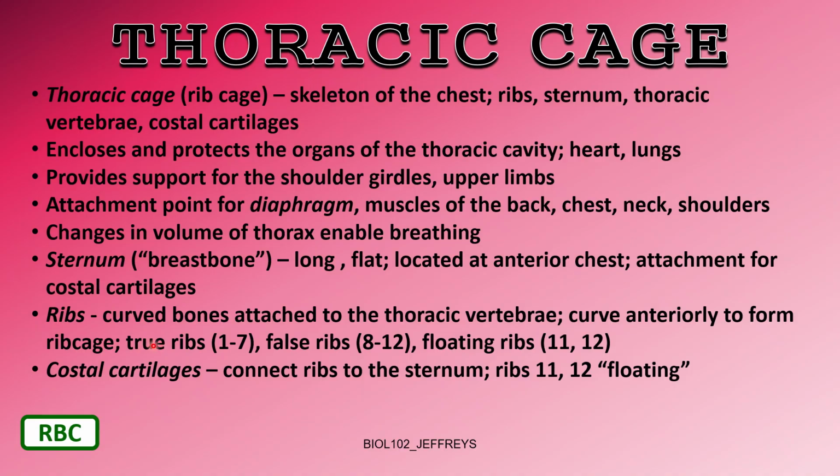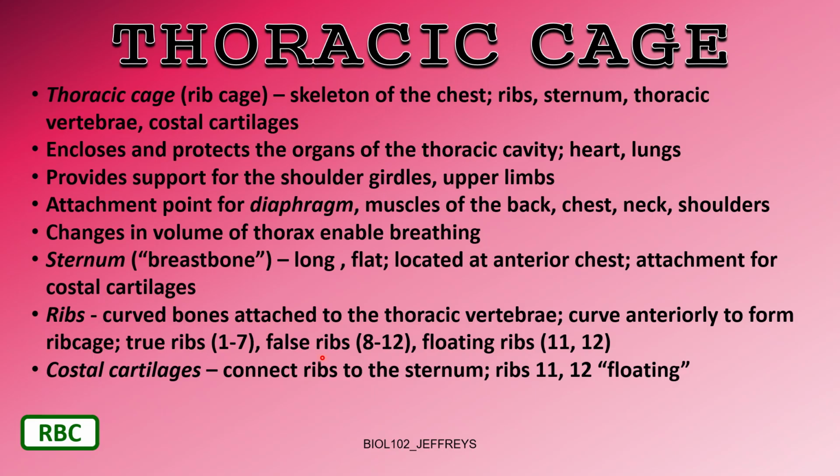There are 7 pairs of true ribs. We call them true ribs because they're connected by cartilage to the sternum. Ribs 8 through 12 are called false ribs because 8 through 10 are attached to cartilage, which then is attached to cartilage, which then is attached to the sternum.